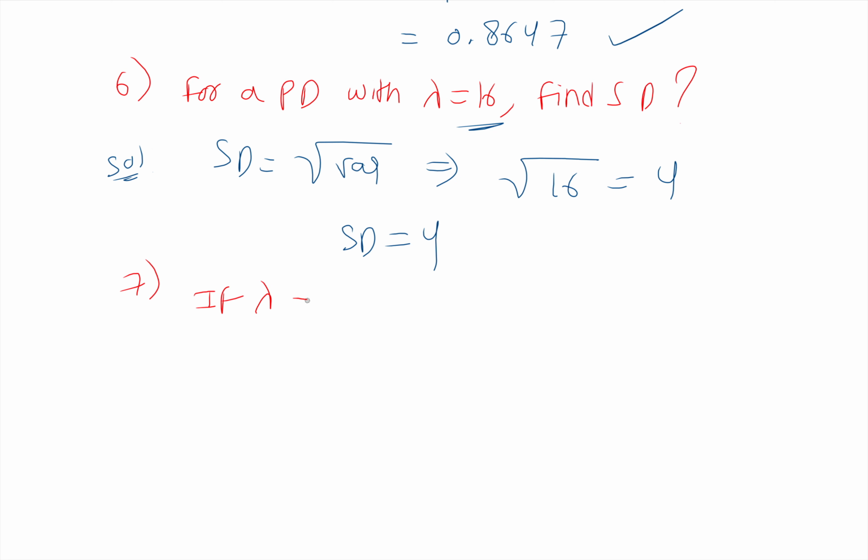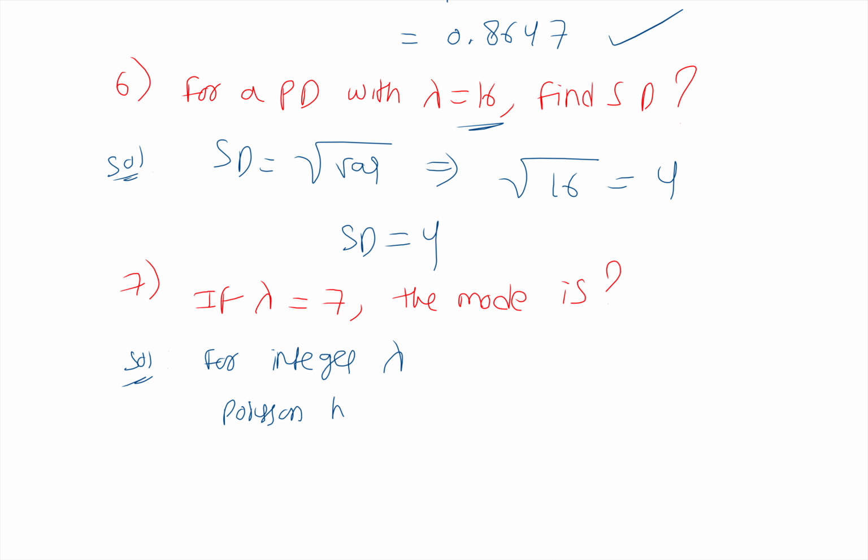And if lambda is equal to 7, the mode is. For integer lambda, Poisson has two modes.